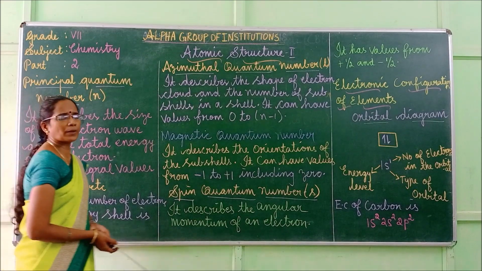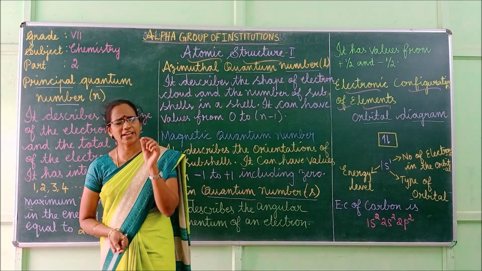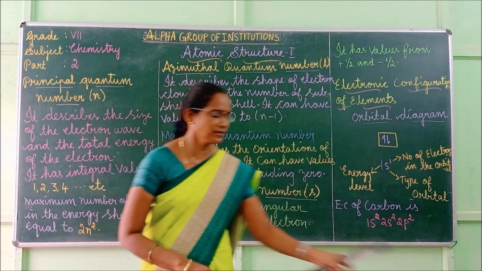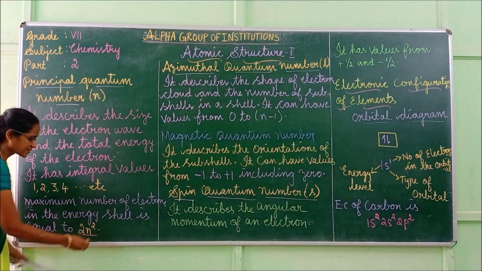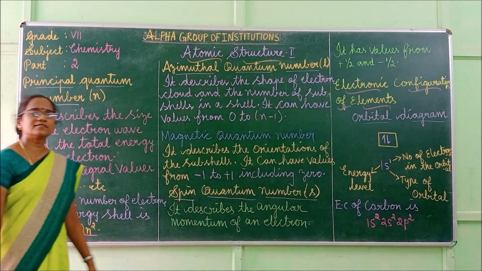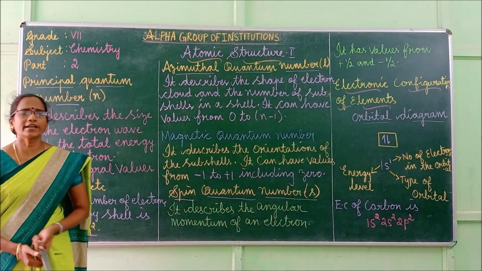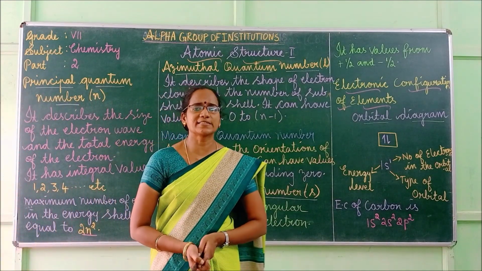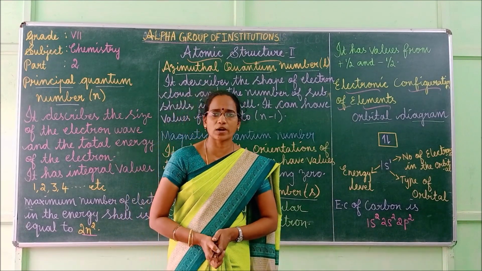The maximum number of electrons which can be accommodated in each energy level is given by the formula 2n square, where n represents the number of energy levels. For example, the K shell has a maximum capacity of 2 electrons only.